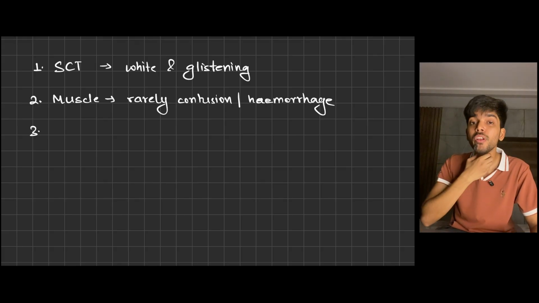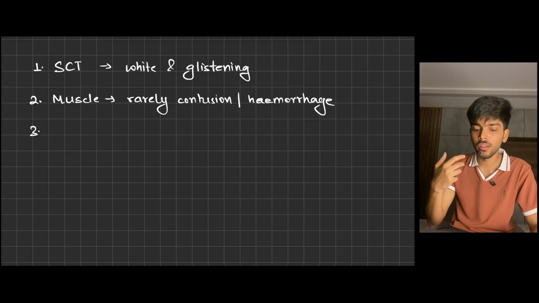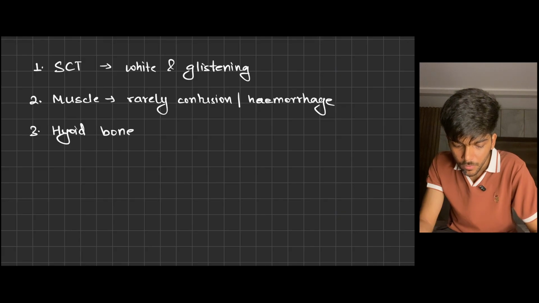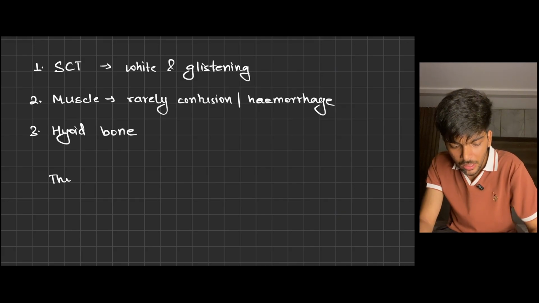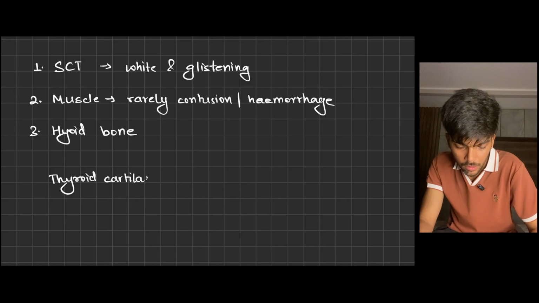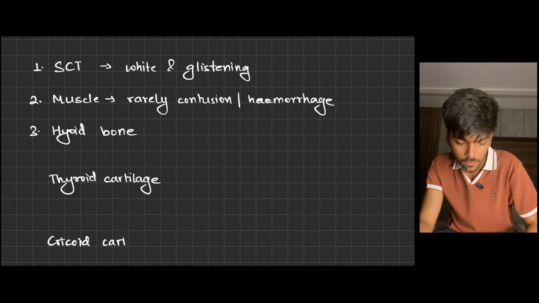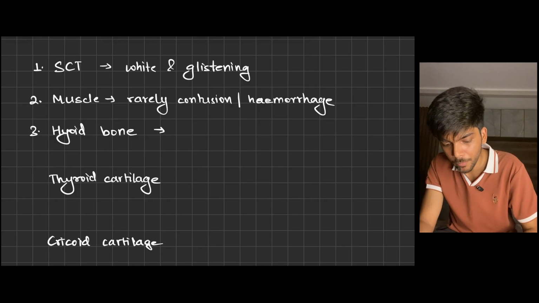Then you remove the muscle. What do you get? You get the hyoid bone. You get the thyroid cartilage. And then you get the cricoid cartilage. First, the hyoid bone.